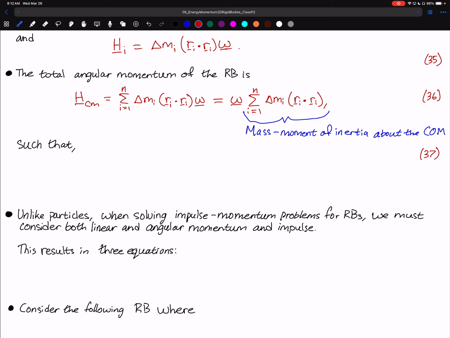Such that our angular momentum, H sub cm, is equal to the moment of inertia, I sub cm, times the angular velocity, omega.